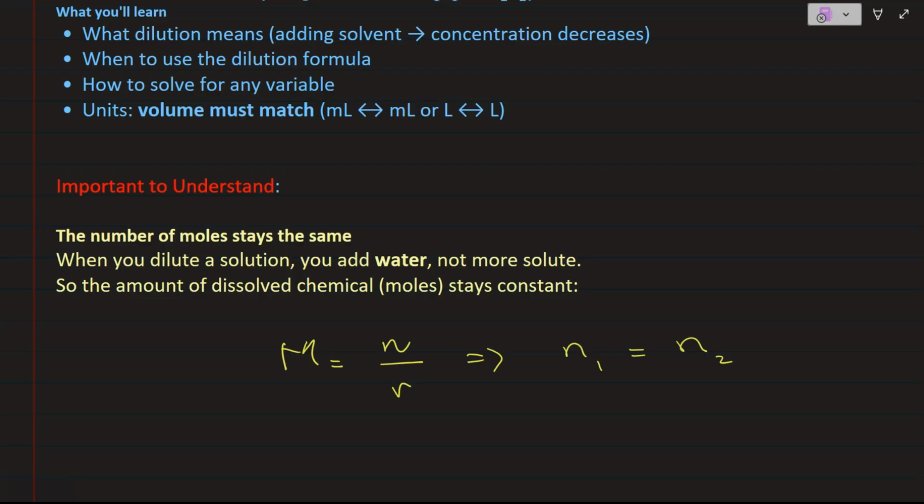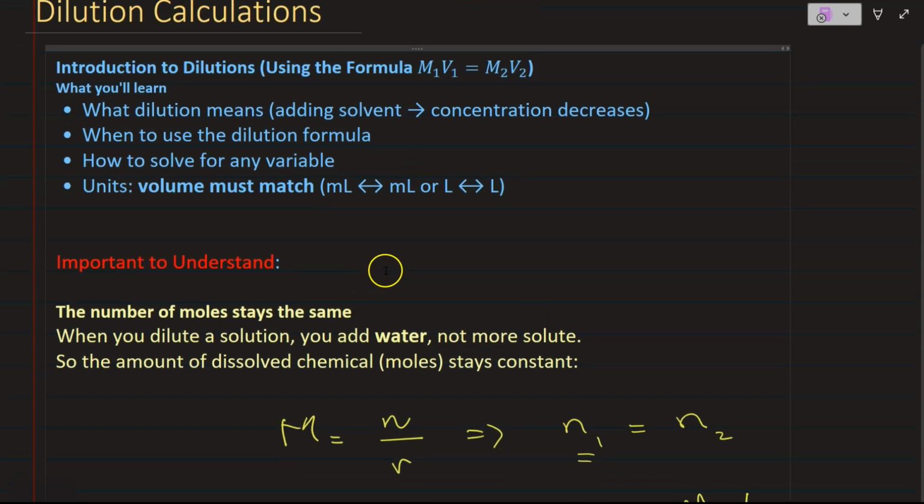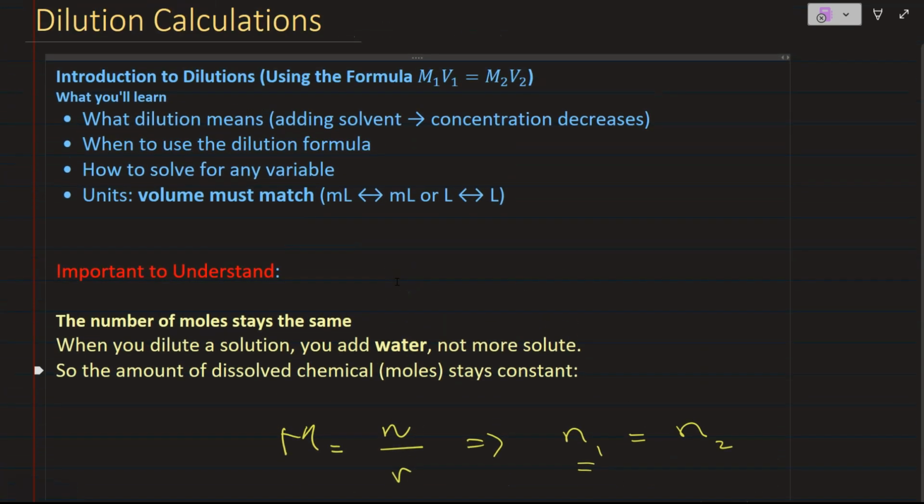Then we can rewrite this equation: N is equal to M times V, solving for N. That means for N1 we have M1 V1, which is equal to M2 V2. This is where we get this dilution formula, which is up here.